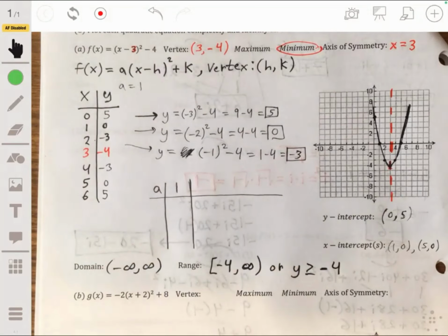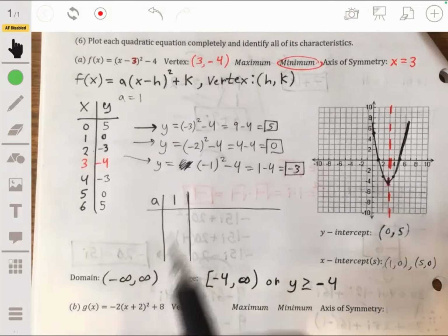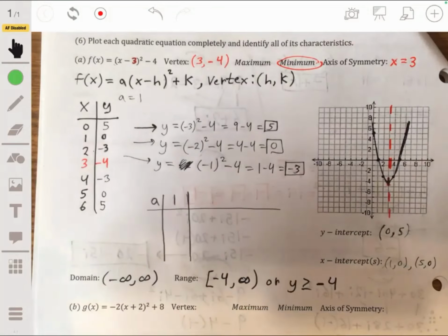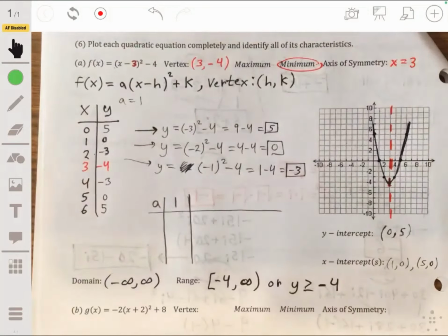Now, whenever you have A is 1, your parabola is going to grow by just the squares of the whole numbers.